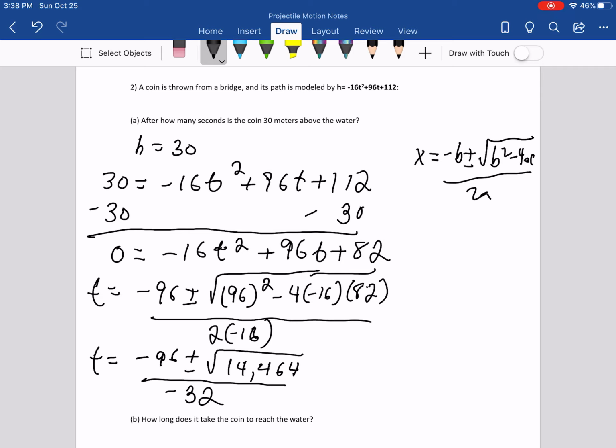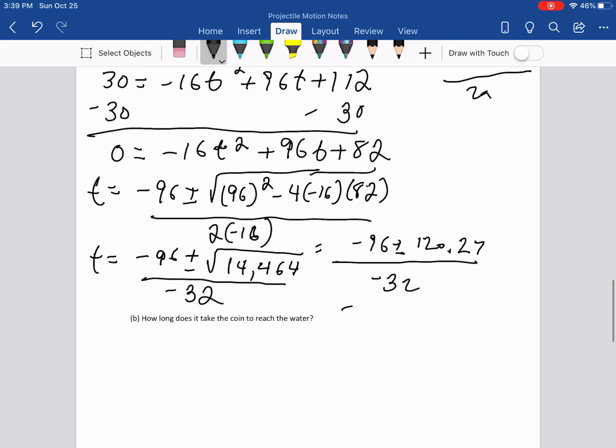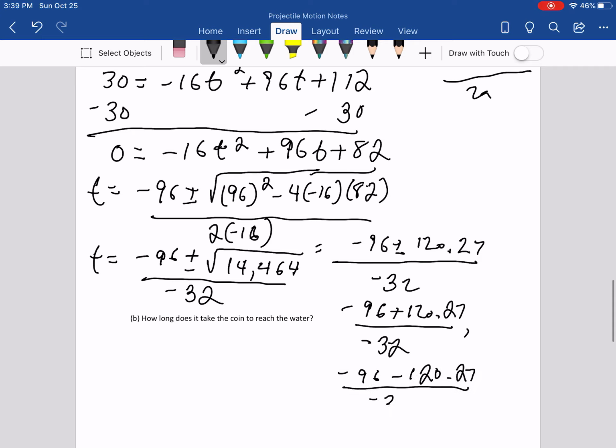So the square root of 14,464 is about 120.27, over negative 32. So we have negative 96 plus 120.27 over negative 32, comma, negative 96 minus 120.27 all over negative 32.